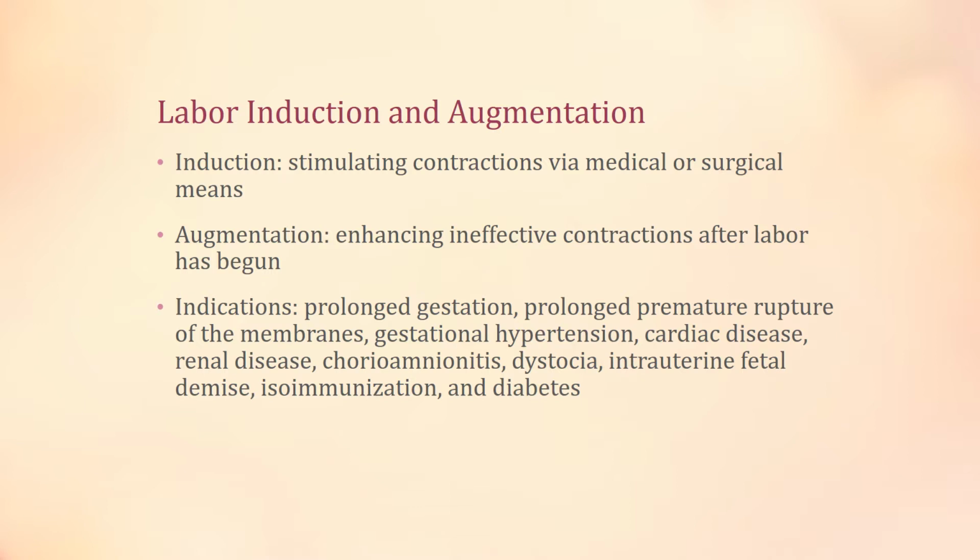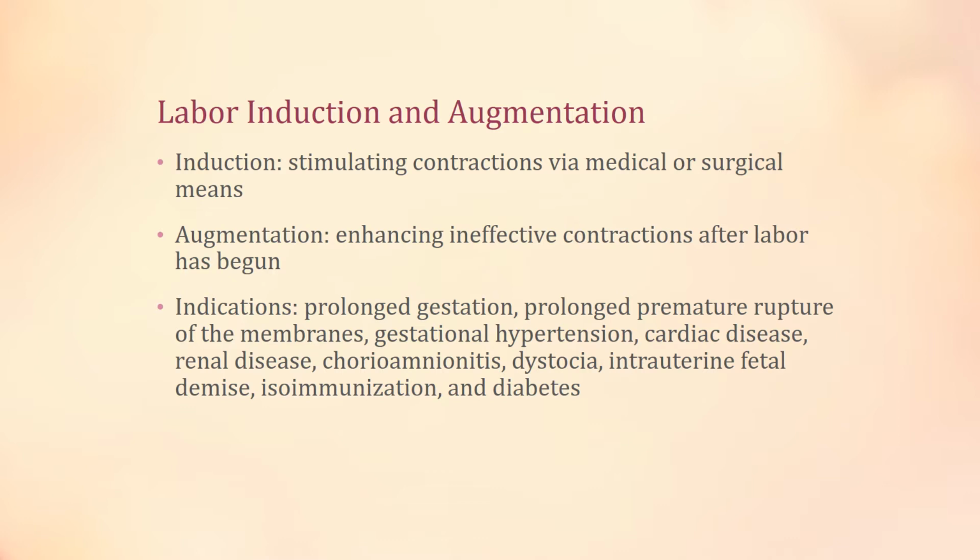The reasons for this are often a prolonged gestation, or prolonged premature rupture of the membranes because she's at risk for infection. She has gestational hypertension, which means she needs to go ahead and deliver the baby to relieve that. She may have cardiac disease, renal disease, chorioamnionitis, a dystocia, a fetal demise, isoimmunization with ABO incompatibility, or diabetes.